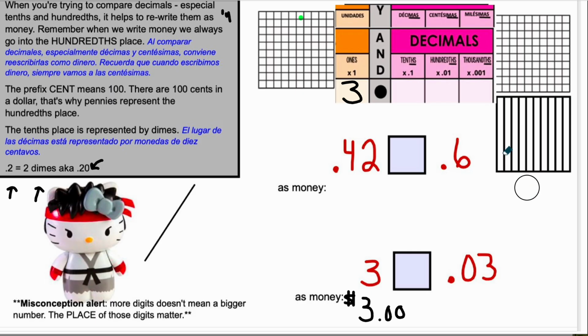Well, that's already in decimal land. That's already in money because it's going into the hundredths place. 3 hundredths is the same as $0.03, 3 pennies. And we know that $3 is much greater than only 3 pennies. So here, the 3 gets the 2 dots, 3 hundredths gets the 1 dot, and we would read this as 3 is greater than 3 hundredths.